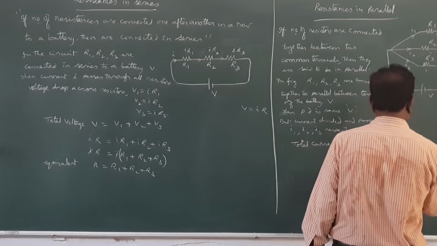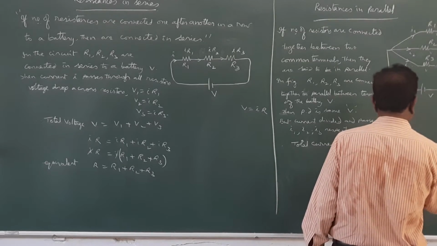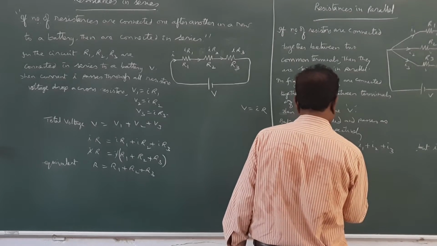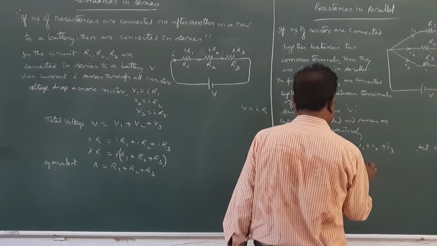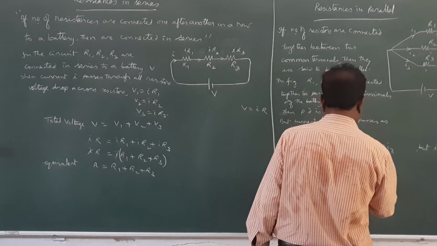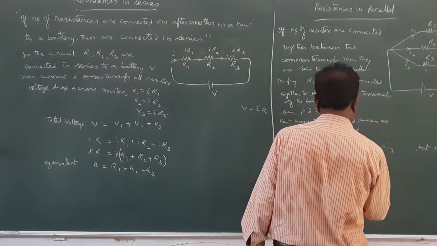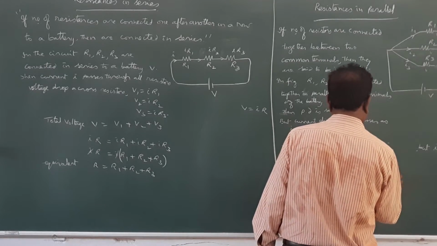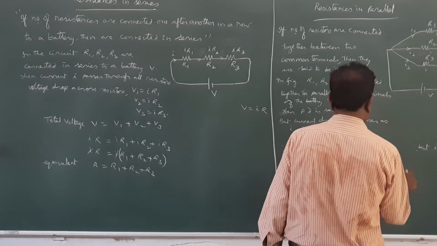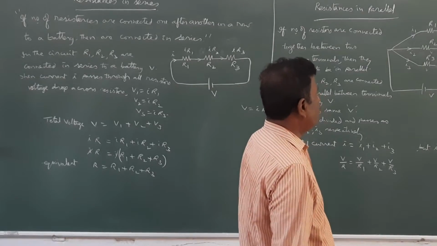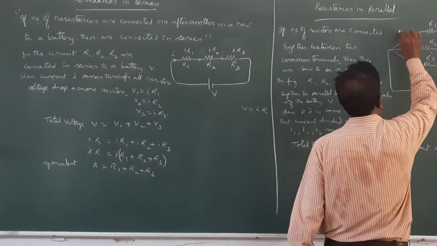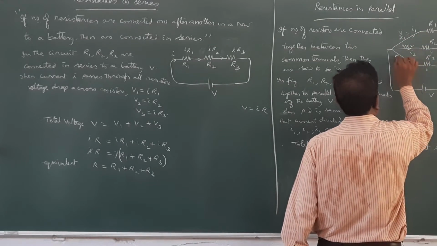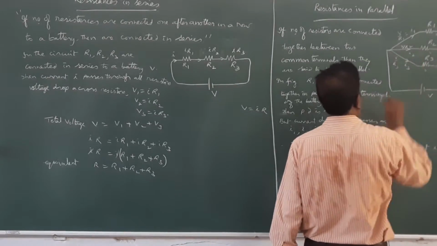But I is equal to V by R. Therefore, V by R1 across the first resistance, V by R2 across the second resistance, V by R3 across the third resistance.